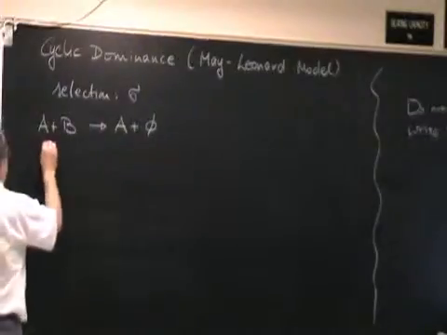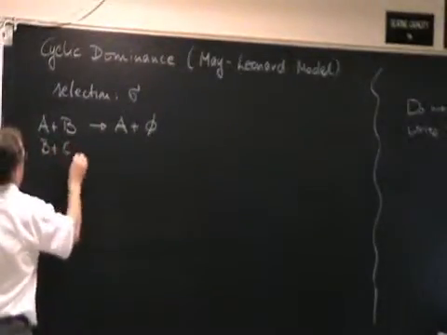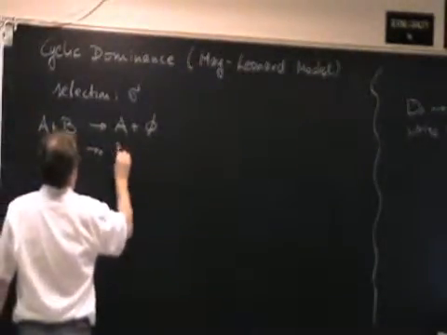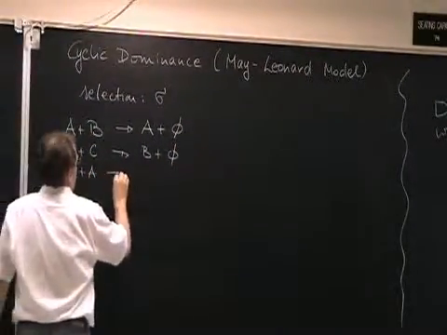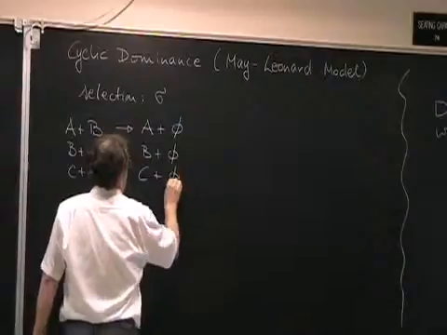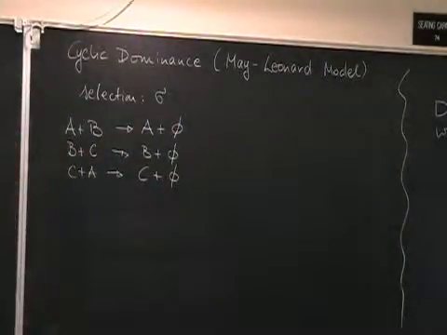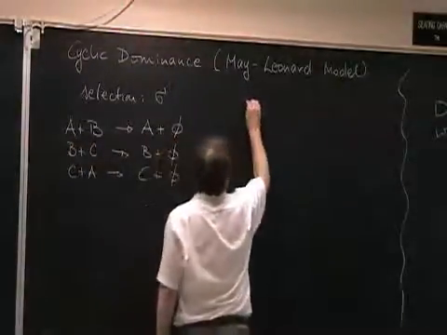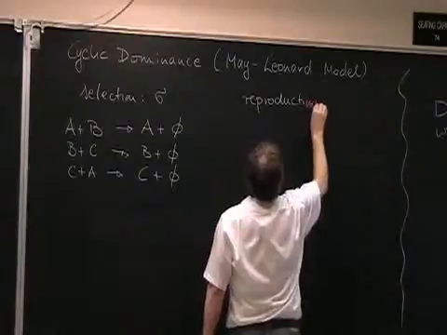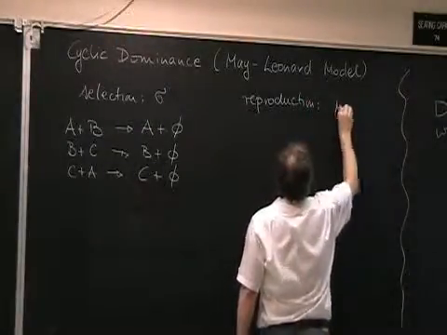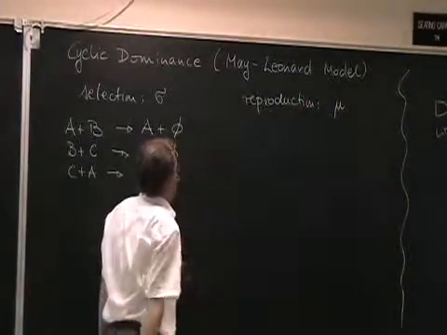And of course you can repeat this with B plus C going to B plus 0, C plus A going to C plus 0. The next step is a reproduction step. And I want this to happen with a birth rate mu.